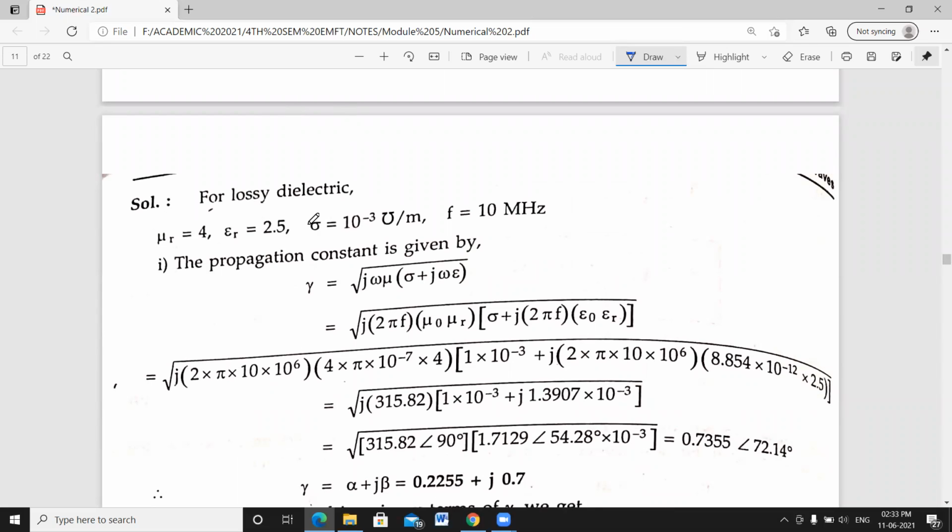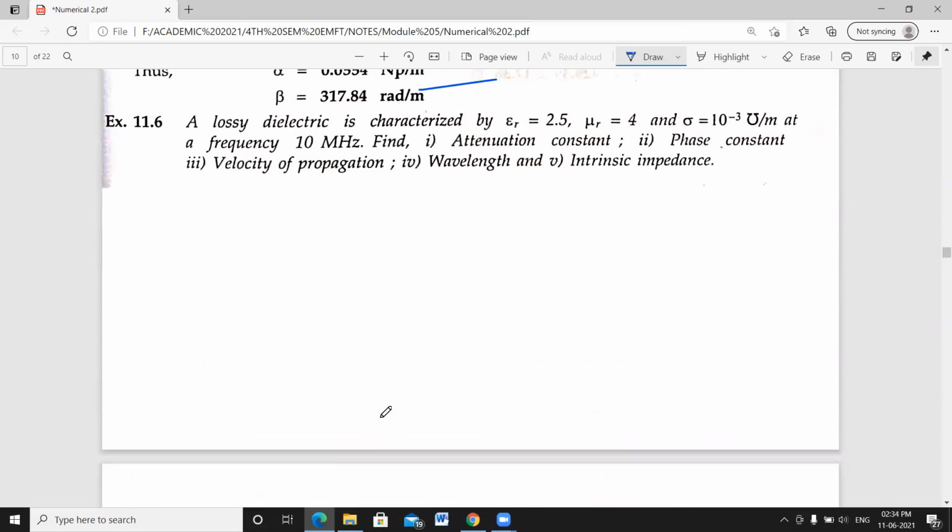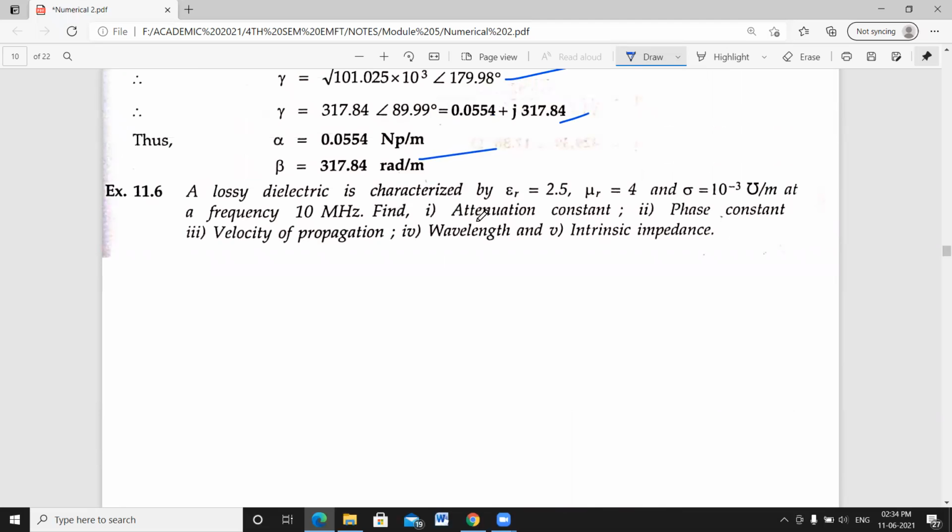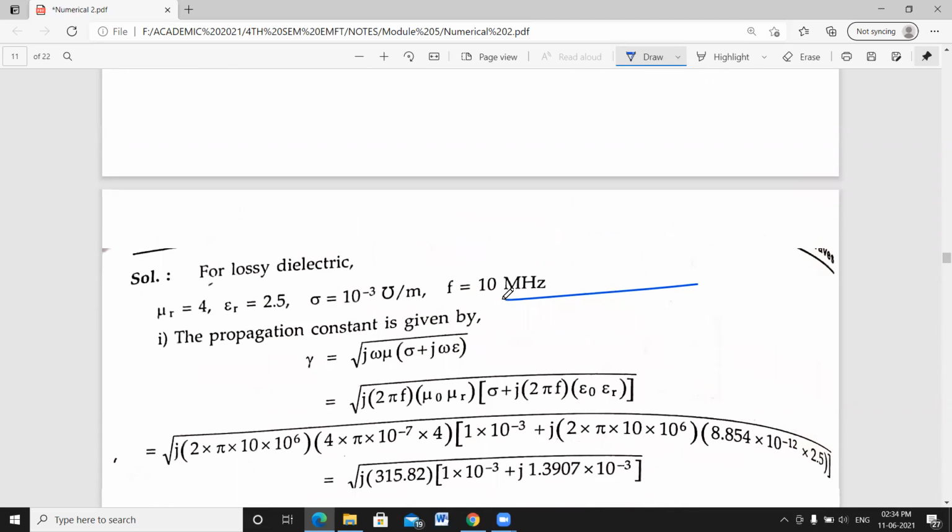For the lossy dielectric, the propagation constant, gamma, is going to be square root of j omega mu into sigma plus j omega epsilon. Then as usual, go on substituting for all, and from that you'll be getting the attenuation constant and also the phase constant.